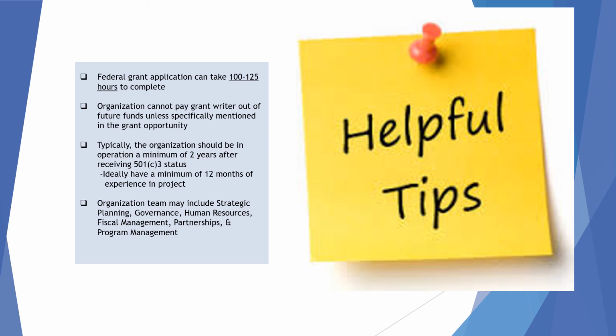Ideally, they should also have a minimum of 12 months of experience in the project they are seeking federal funding for. When brainstorming the organizational structure of your team, including the following may prove to be helpful. This includes having strategic planning, governance, human resources, fiscal management, partnerships, and program management.